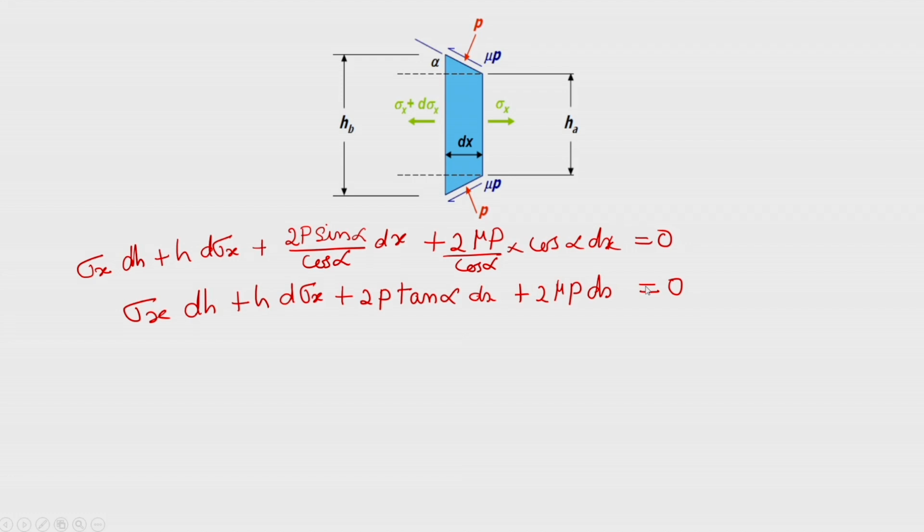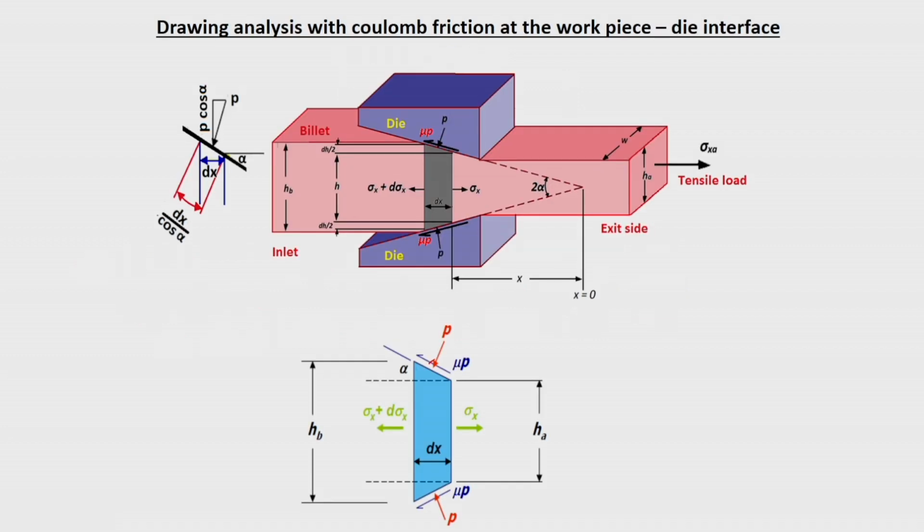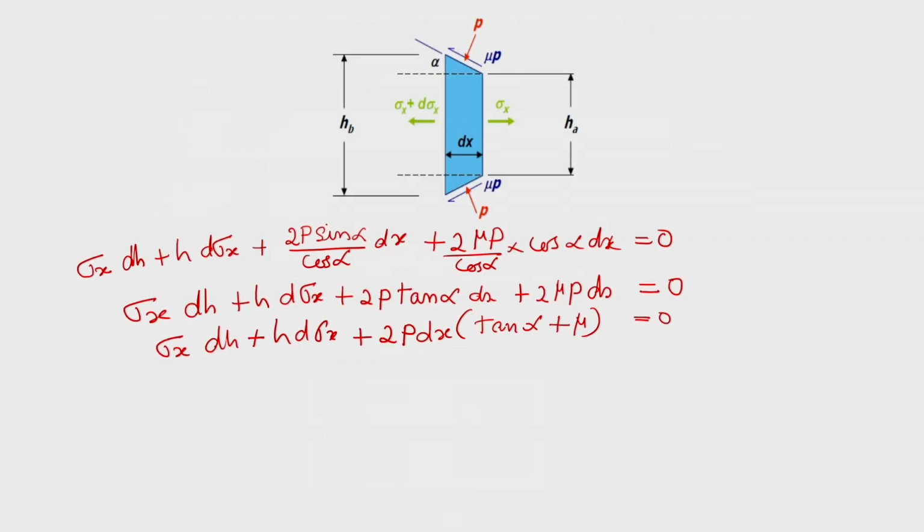So, on simplification we can write it in a simple way: sigma x dh plus h d sigma x plus 2 p dx into tan alpha plus mu is equal to 0. If you look at the earlier case, looking at this equation, we can also write that h is equal to 2x tan alpha.